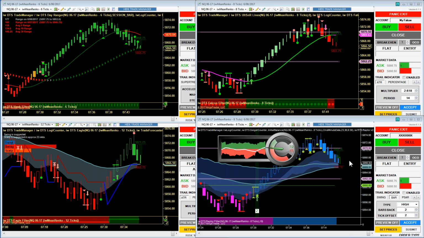All right, here comes the cloud crossover signal, also getting a macro pullback signal here in the Hawk.